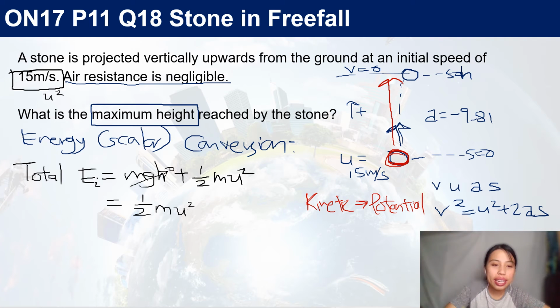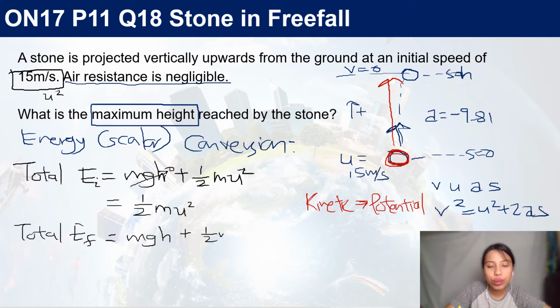So at the end, the total energy is only mgh left, plus no more kinetic because velocity is 0 at the top. So I'll just write 0 here. Gone. So then you have mgh, which is what you're trying to find.